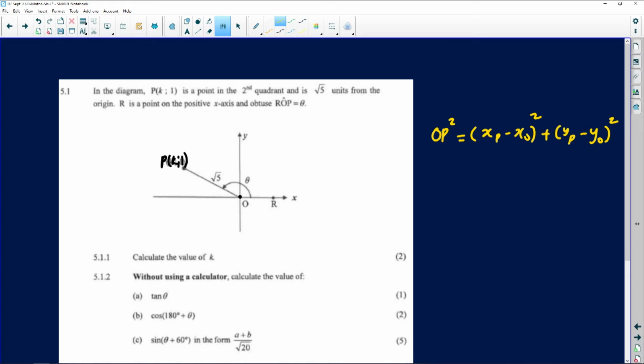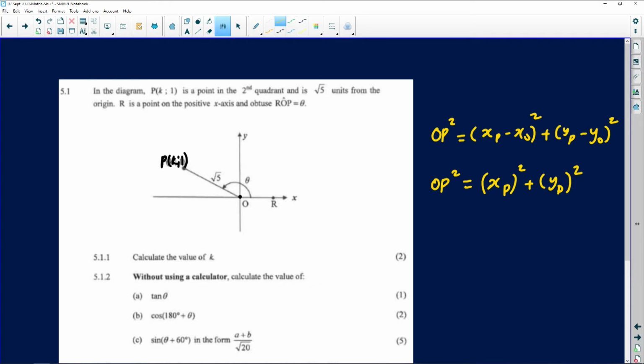Now, why am I doing this? I want people to know why we do what we do when we just say x squared plus y squared is r squared. Your x at O is 0, your y at O is also 0, so you just end up with x_P squared plus y_P squared.